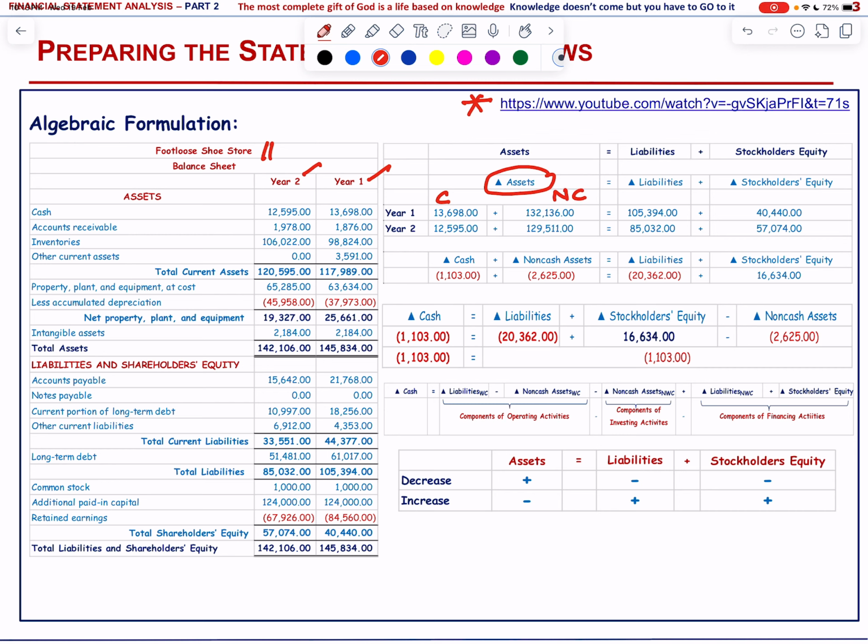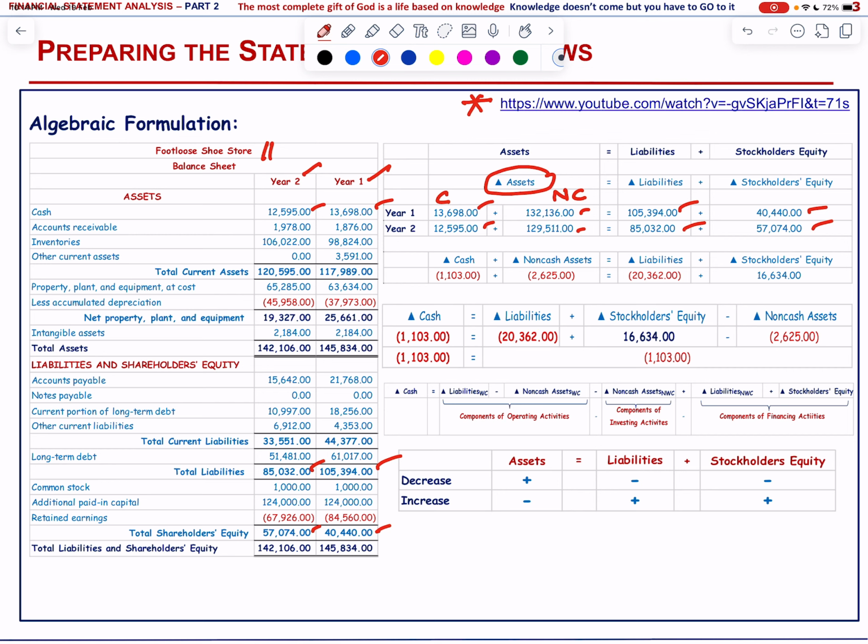So we have 138, and that is over here, and in year number 2 it is 12,595, and the same is the case over here. We have the liabilities for year number 1 as 105, and for year number 2 it is 85,032. The stockholder equity is 4440, and for year number 2 it is 57,074.